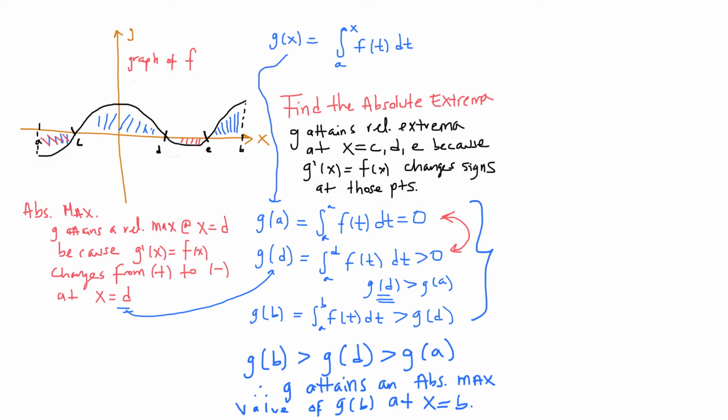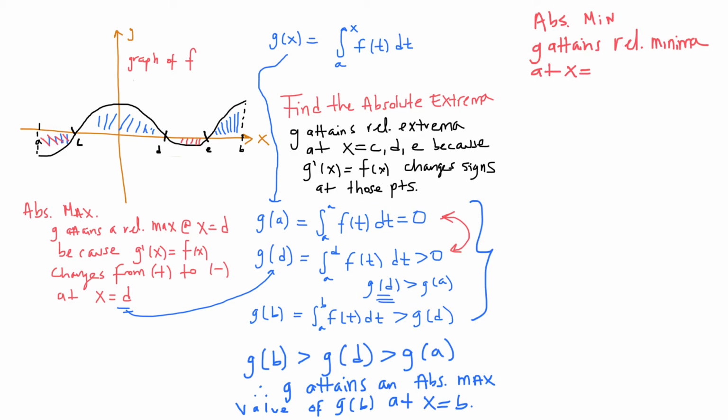Now let's answer the following question. What about the absolute minimum? So we're going to follow the same process. I'm going to start up here. I'm going to say for the absolute minimum, let's start by saying that G attains a relative minimum, or in this case relative minima, at x equals, what were they?